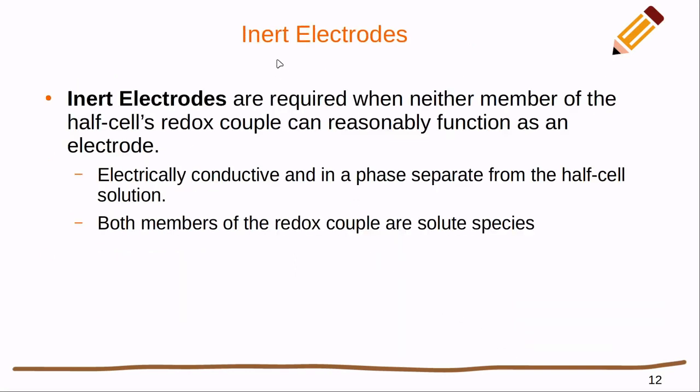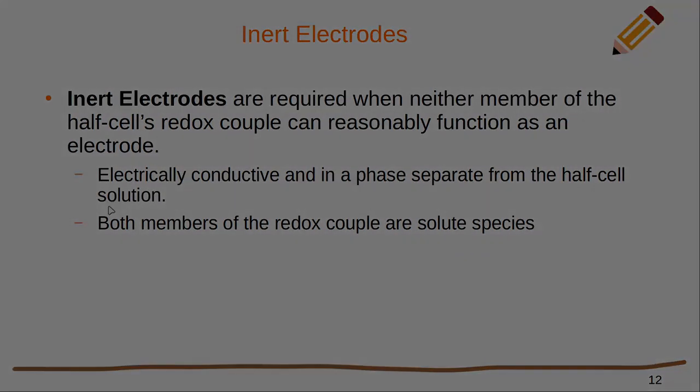So what we call that electrode that we've just added is an inert electrode, okay? And they are required when neither member of the half cell's redox couple can reasonably function as an electrode, meaning that there's not going to be any solid there for me to attach that lead to. They need to be electrically conductive and in a phase separate from the half cell solution.